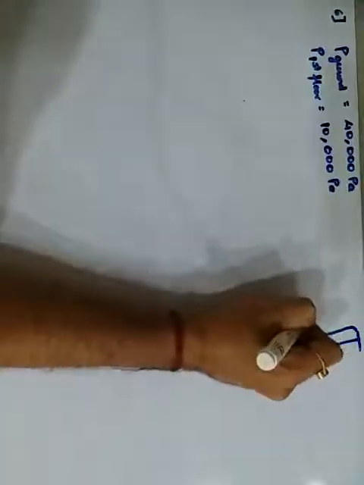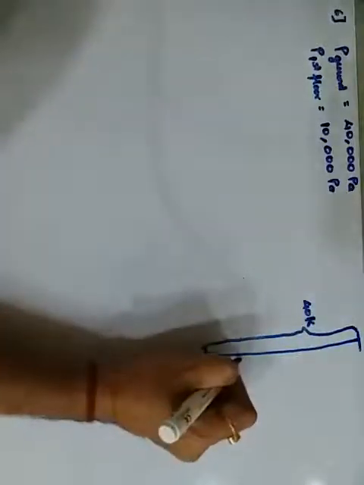So if you see this as a building, the pressure exerted from the top to the bottom is about 40,000, 40K, and pressure exerted up to the first floor is 10K.